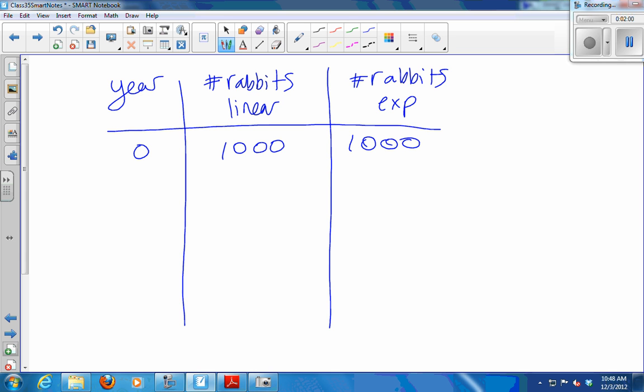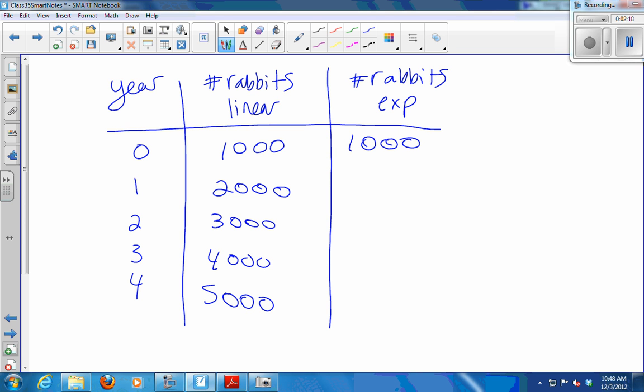In year 0, we had 1,000 rabbits. And then for linear, you grow by 1,000 rabbits per year. So we have 2,000, 3,000, 4,000, 5,000, right, etc.